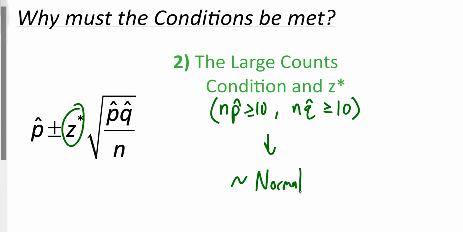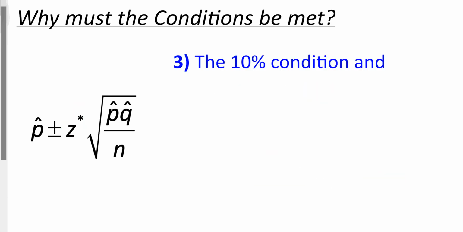And if we have an approximately normal distribution, that allows us to use z-values. And that's why, if we're using a z-score, a z-interval, we have to be able to use that. So that is an essential condition to be met.